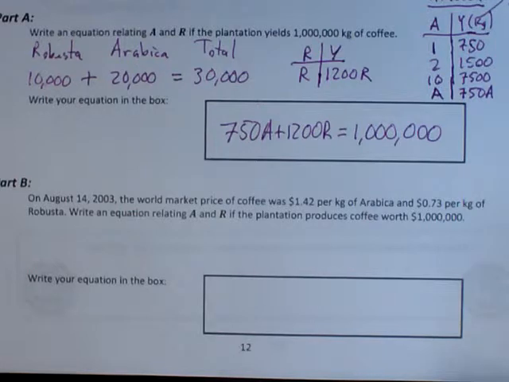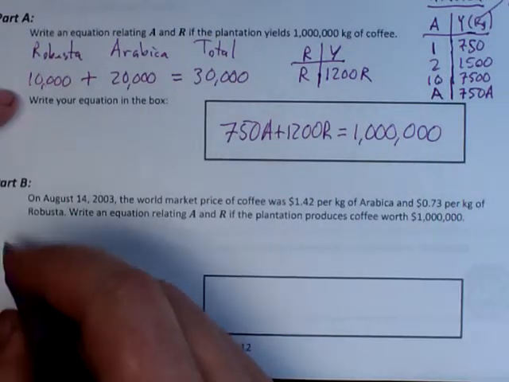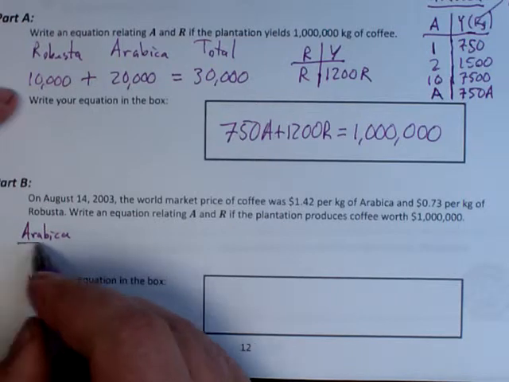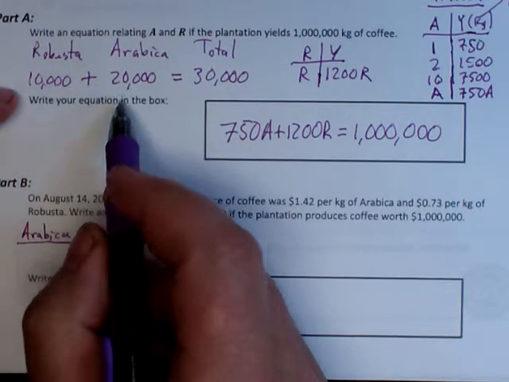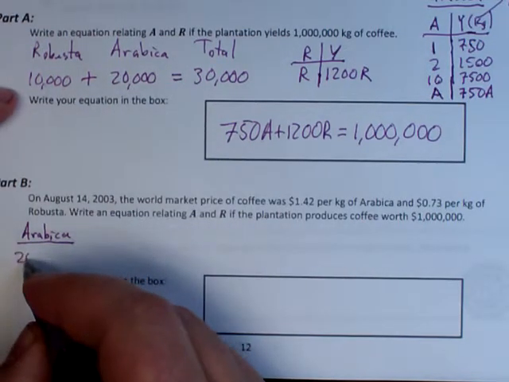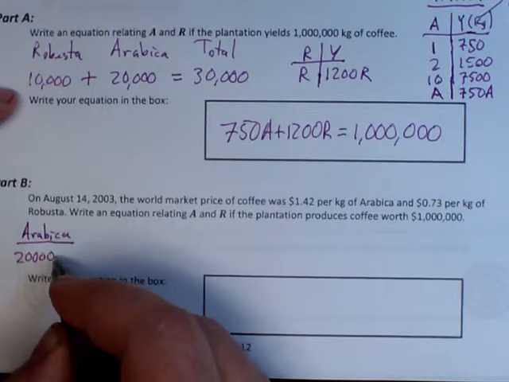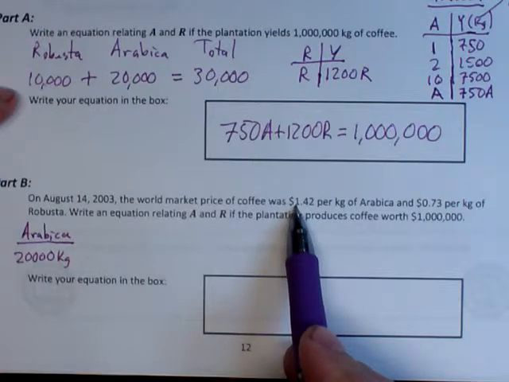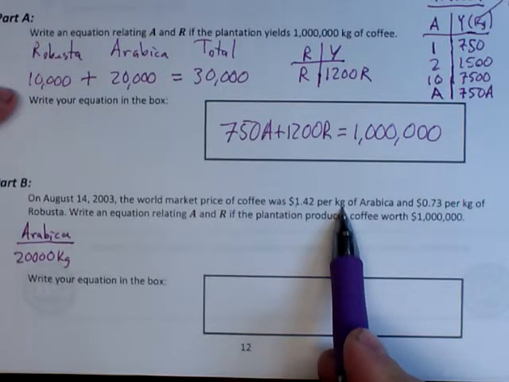So let's think about this for a moment. Let's say that we grow Arabica. Let's say that we grow, like this example here, 20,000 kilograms of it. Well, I would get $1.42 per kilogram of Arabica.